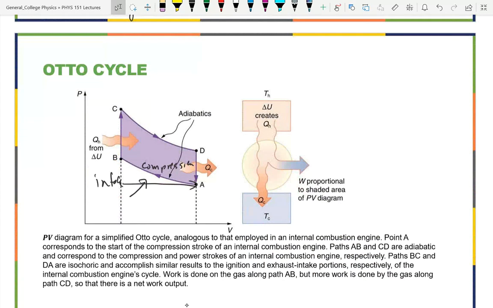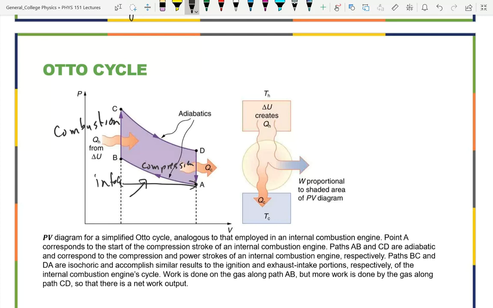And so on this diagram, in that instant the volume's not changing, so it's a constant volume and the temperature shoots up, so the pressure goes up. So this here is combustion. So you compress the gas, then you combust it. It suddenly is a hot gas. There's no time essentially for that combustion step.